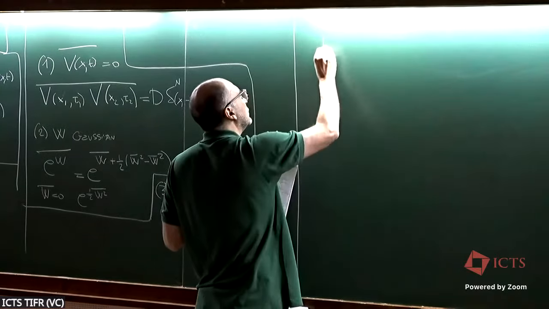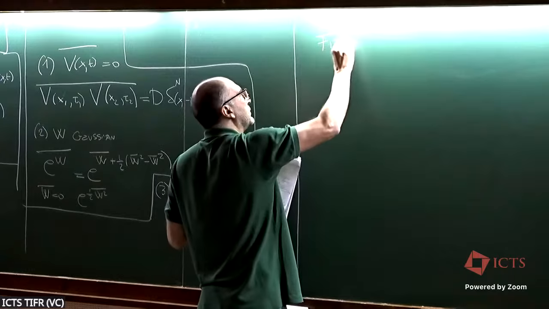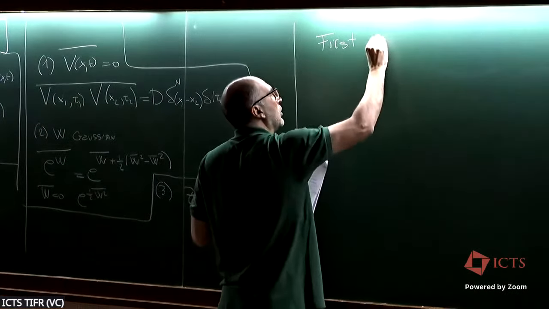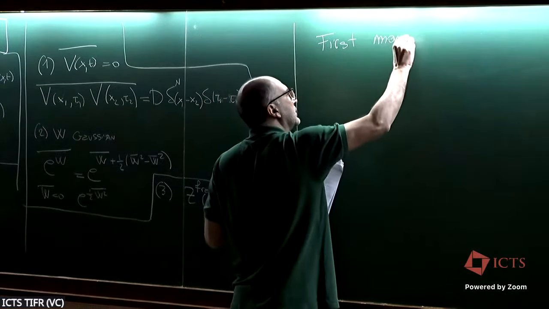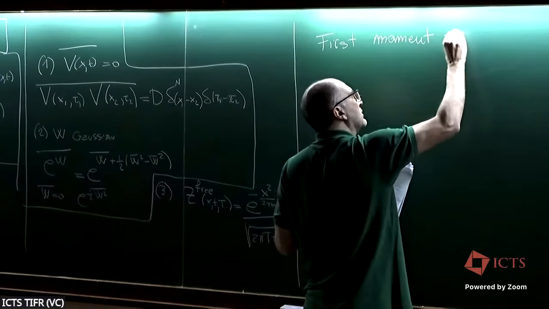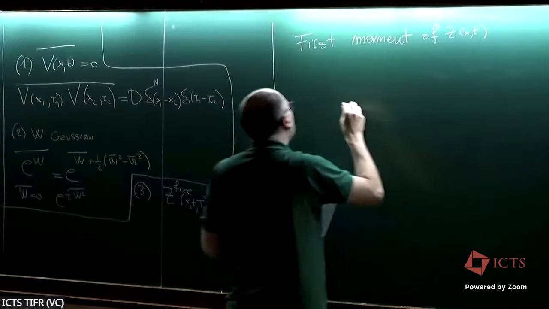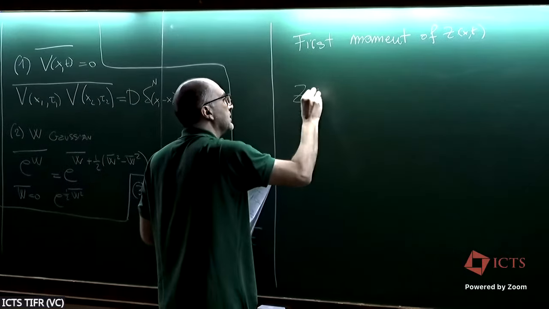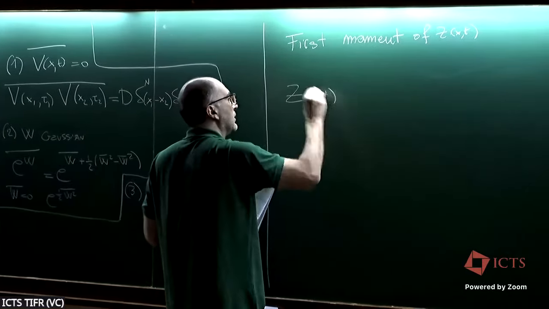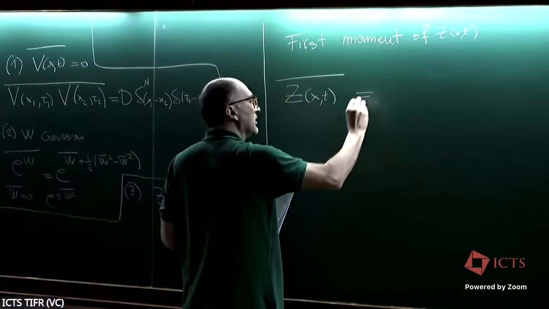Okay. So now let's compute the first moment of Z(x). What we have to do is take this, take the average over the disorder.